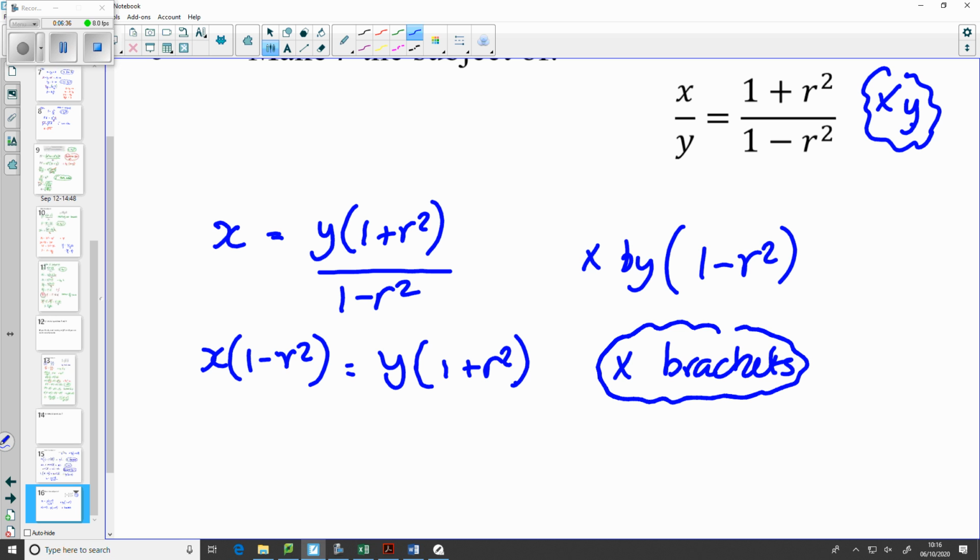So we have x times 1 is x, times r squared minus r squared is minus x times r squared, and that's equal to y times 1 is y, plus yr squared.